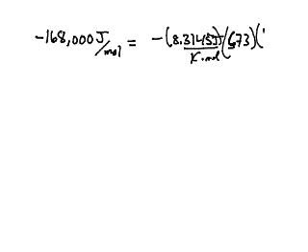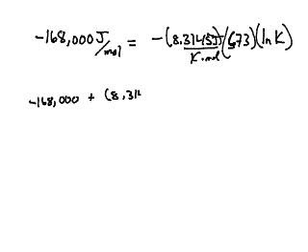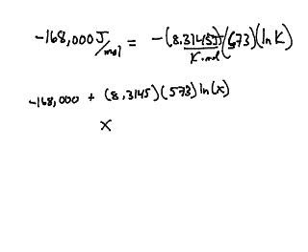Times natural log of K. In my solver, I'm just going to take negative 168,000 plus 8.3145 times 573 times natural log of X. Just solve for X using your solver. So get your solver out and see if you can figure out what this is. I get 2.06 times 10 to the 15th.